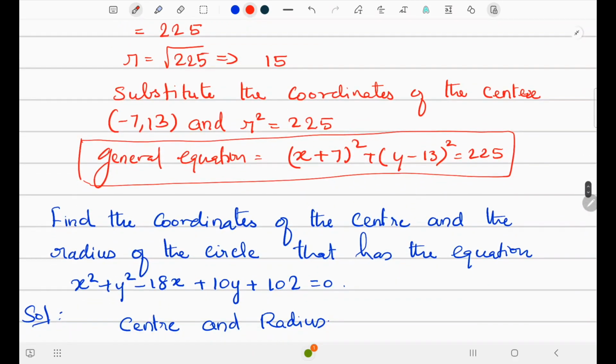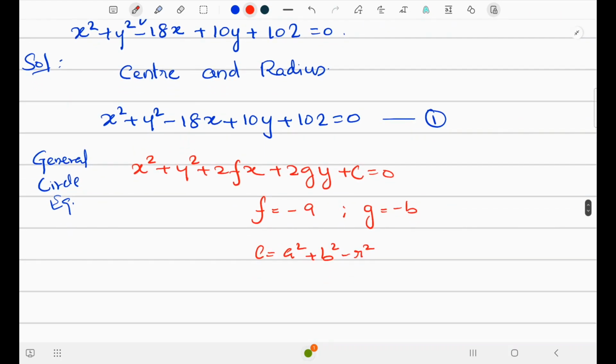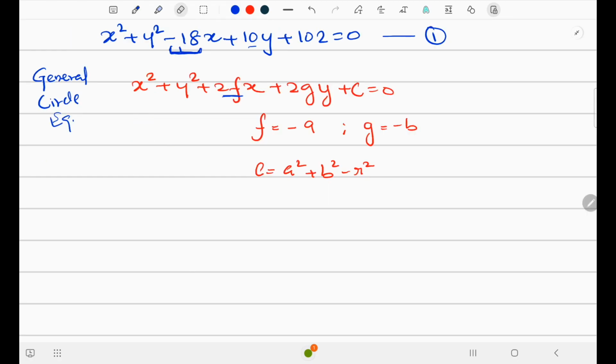Now, based on this general equation, we need to find the center and the radius, right? From this formula we need to get a and b. We need to find what is a and what is b, so that we can find what is r.